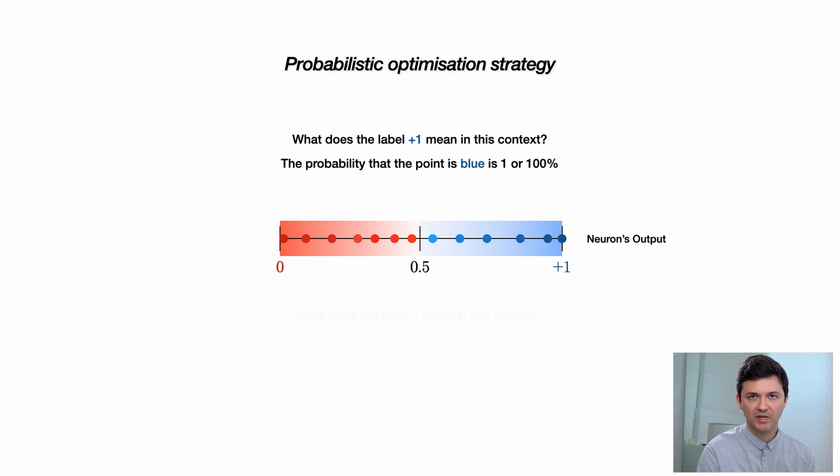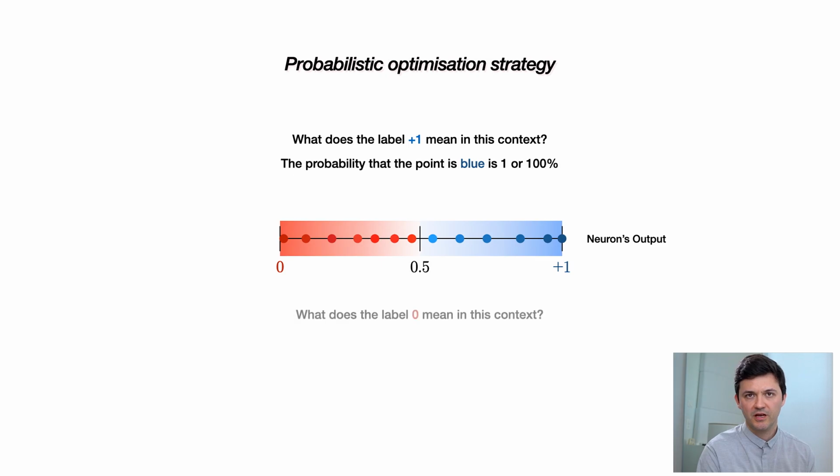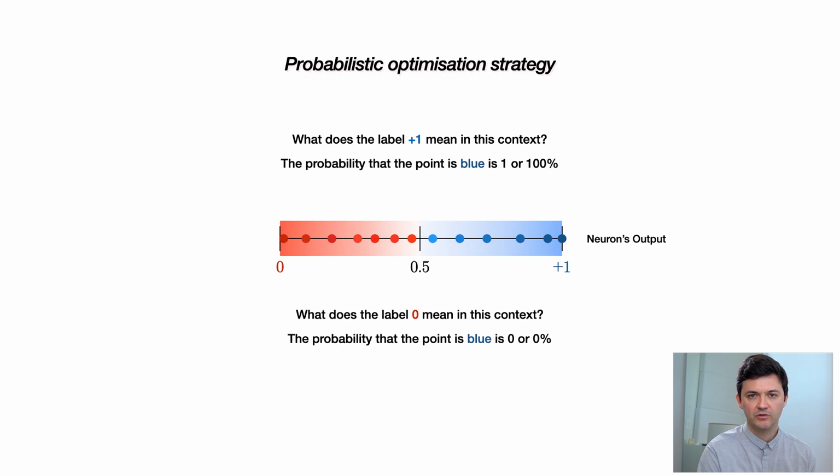So label +1 means this point is 100% blue. Then what would the label 0 mean in this context? Well, the label 0 would mean that the probability that this point is blue is 0%, or 0 means this point is 0% blue. So these are the two extreme values of our range.